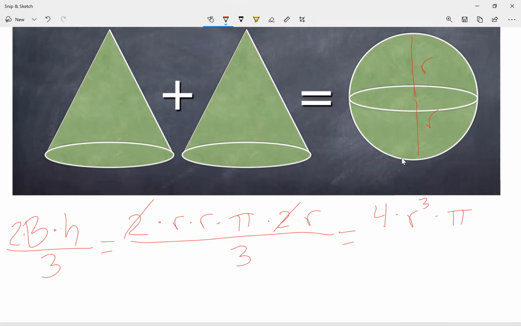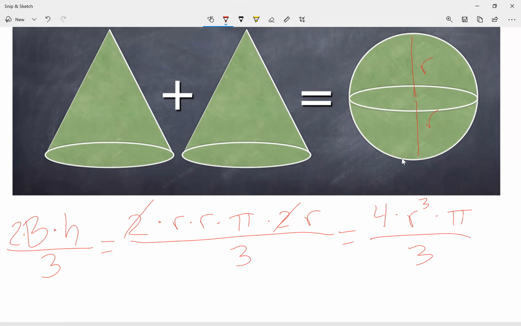There were 3 of them, so I have radius to the third over 3. So this is the formula I am going to use to find the volume of a sphere: 4 times radius cubed times pi divided by 3.